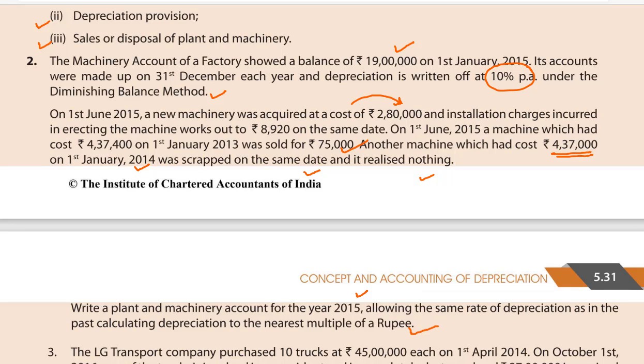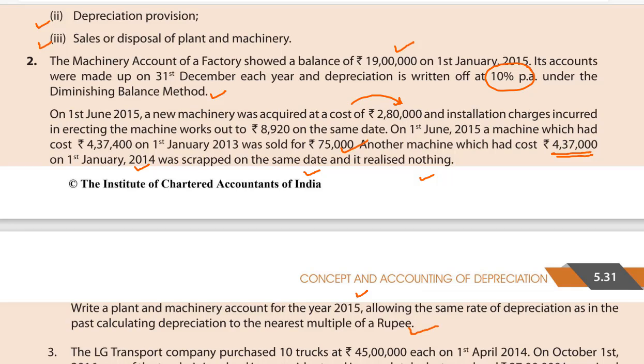On 1st June 2015, a new machinery was acquired at a cost of 2,80,000 and installation charges are 8,920 on the same date.